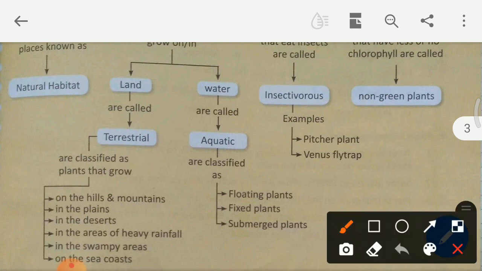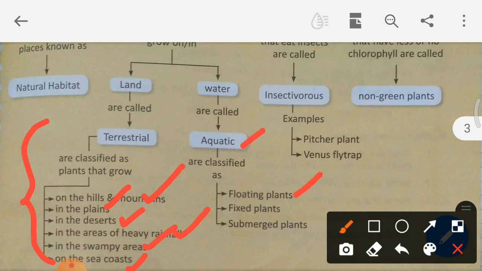And the terrestrial plants are classified as on the hill and mountain, in plain, in desert, heavy rainfall, swampy area, and sea coast. These things I already discussed in the last class. If you take aquatic, there are three types of aquatic plants. One is a floating plant and another one is a fixed plant. The next one is submerged plant.